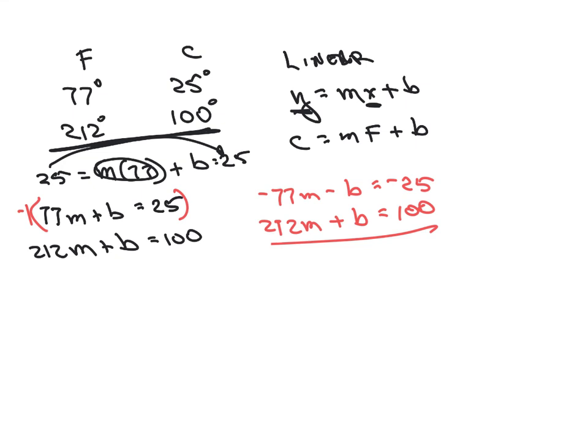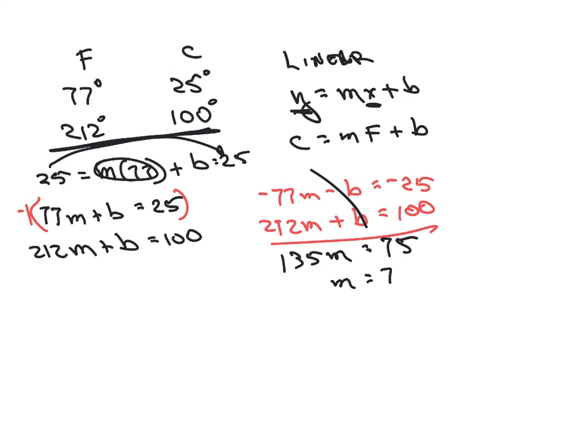Okay, so notice what I've got here when I do that. These will cancel out. So now I just have my 212 minus 77, which is going to give me 135M. Those go away, and that's going to equal 75.